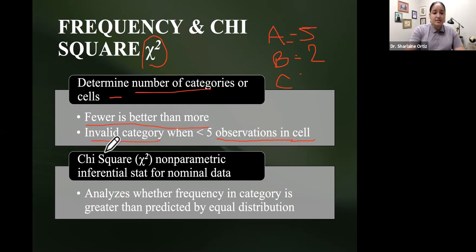Now, let's think about the chi-square a little bit more specifically. In regards to the chi-square, I need you to consider that this is a non-parametric measure, right? It's a non-parametric measure. What I mean by that is that we are simply not meeting the assumptions that we would in a parametric statistic.